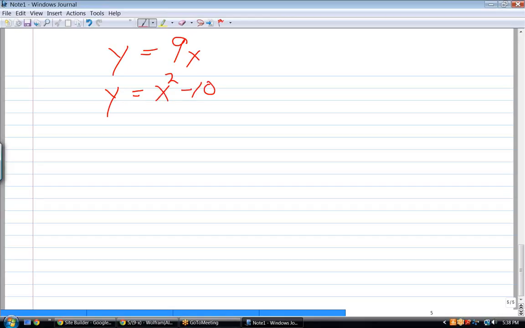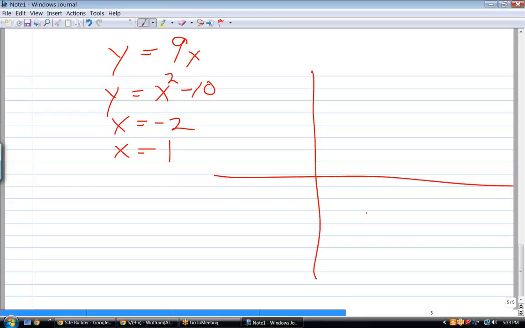And then x equals negative 2, x equals 1. X squared minus 10 is that. Y equals 9x is a straight line with a very steep slope.